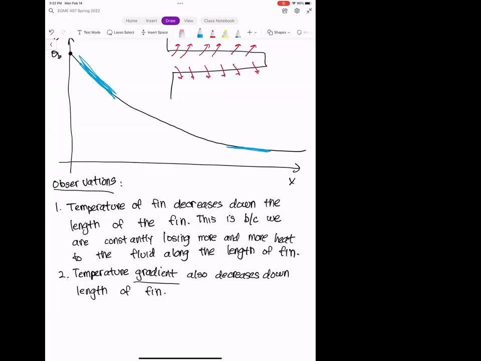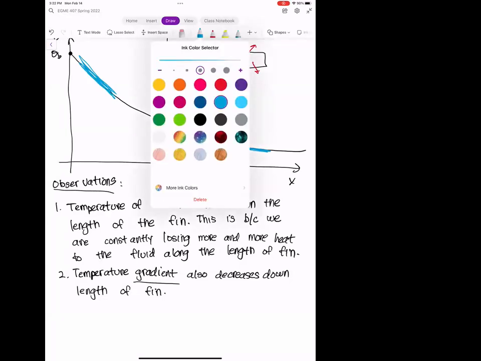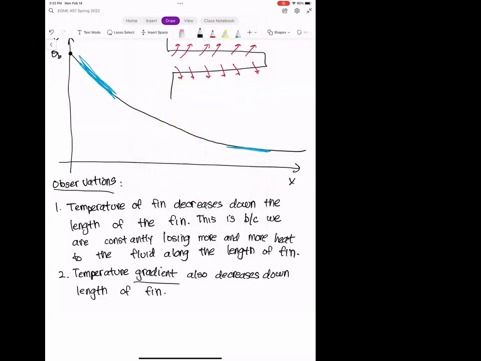And why is this? Well, literally the reason is because that's just what an exponential looks like. But physically, this is because as heat is lost to the fluid by convection, this also decreases the conduction heat transfer through the fin.